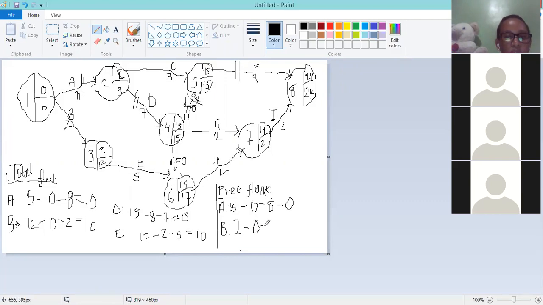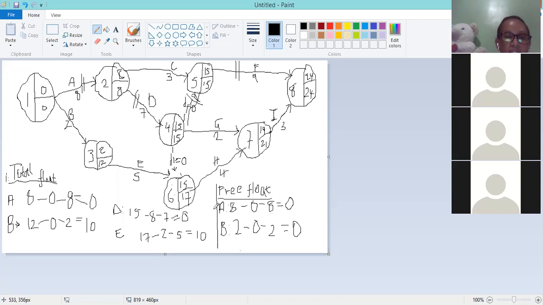I'm also going to subtract the duration of activity B in question, giving us a free float equivalent to 0. But we are saying it is not a must that it turns out to be 0. If it's something else, it's okay. If it's negative, you again assume it is 0. So the free float of an uncritical activity can be 0, but it is not a must, unlike in the case of a critical activity.